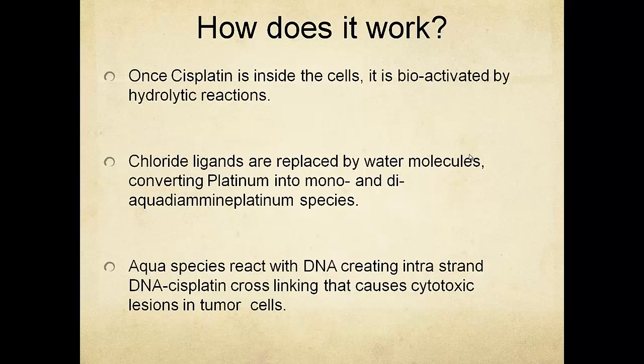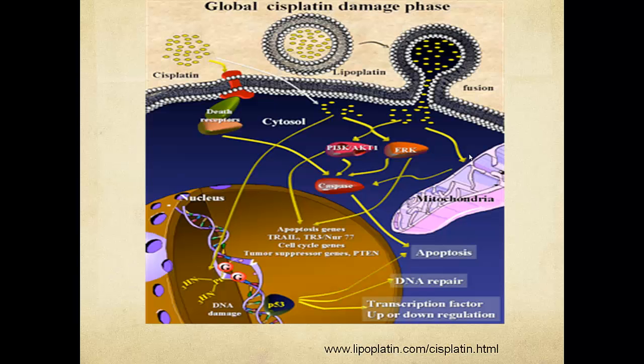The next slide will show you a cartoon of how cisplatin causes damage to the cytotoxic cells, and this cartoon was taken from lipoplatin. What this slide is basically telling us is that once the cisplatin is inside the cell, it causes activation of different apoptosis genes.